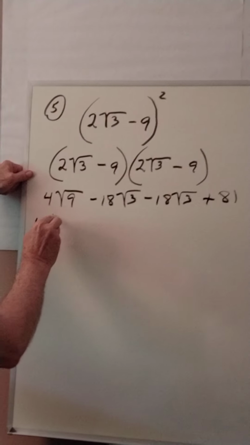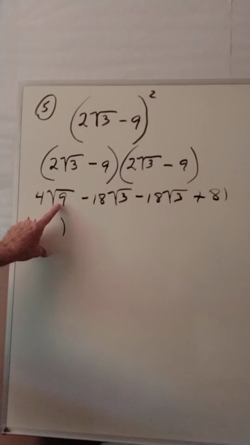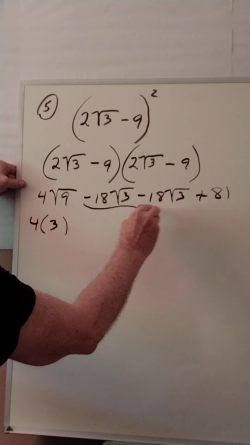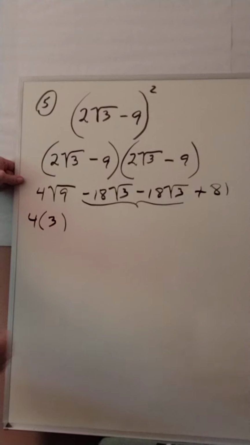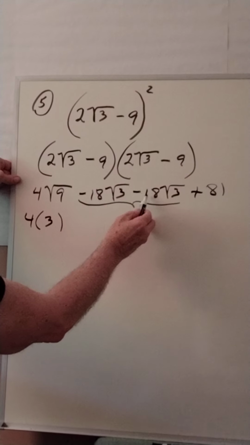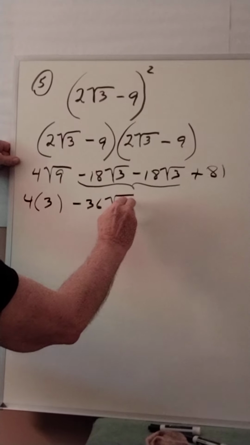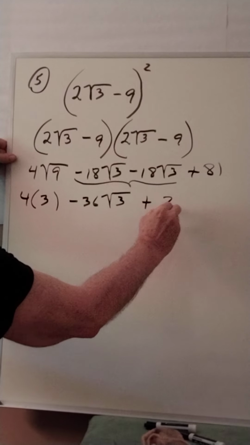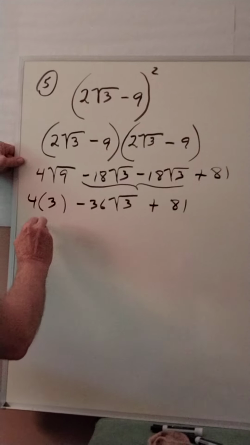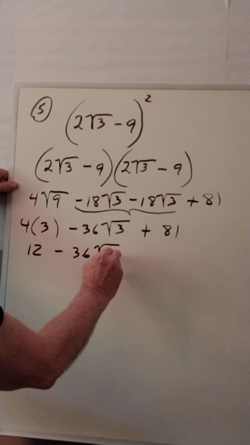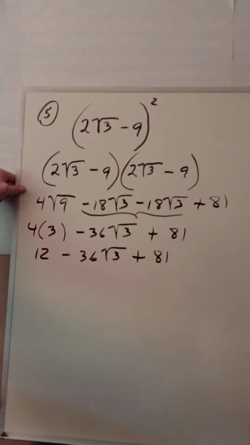4 times the root of 9, 3. Those puppies are like a negative 18 coupled with another negative 18, a negative 36 root 3, positive 81. 12 minus 36 root 3 plus 81.